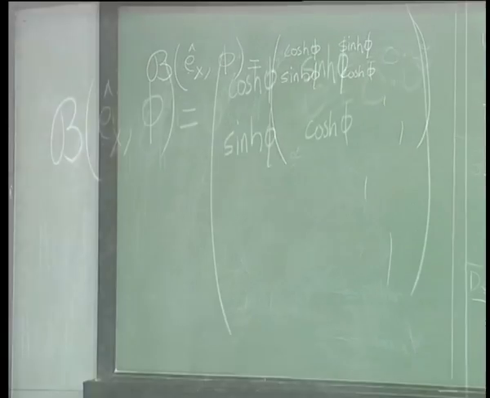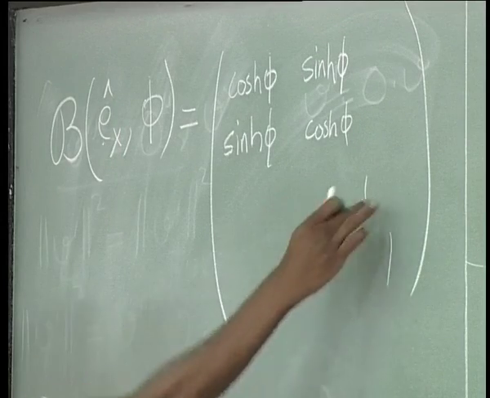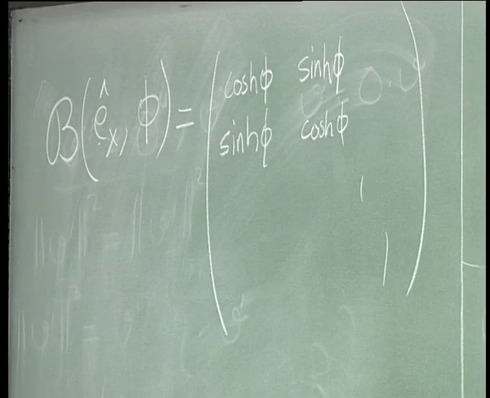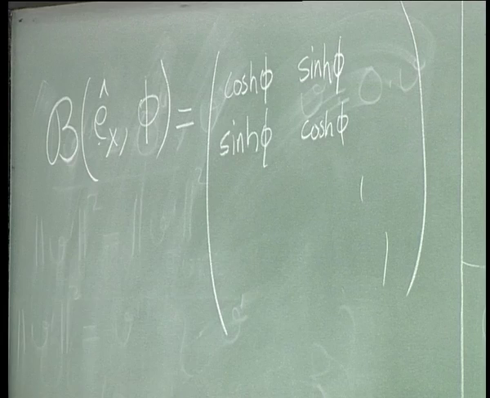I am not writing out the zeros again. So there are 1, 1 out here, there would be zeros here, and zeros out here.